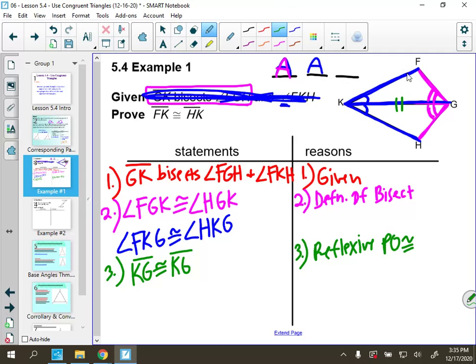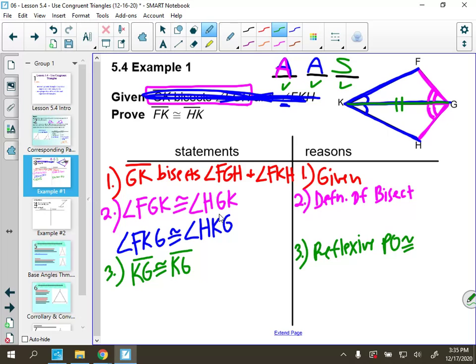Looking at the top triangle and the bottom triangle, they each use this segment KG as one of their sides, so they're sharing that side. That's a really great way to add another angle or side to the mix. And there we go, I've got three separate statements. This is congruent to this, this is congruent to this, this is congruent to this. So I'm confident to check those all off and say we're good to go.